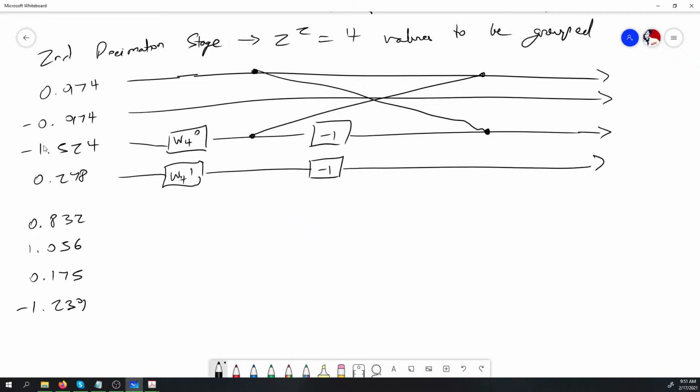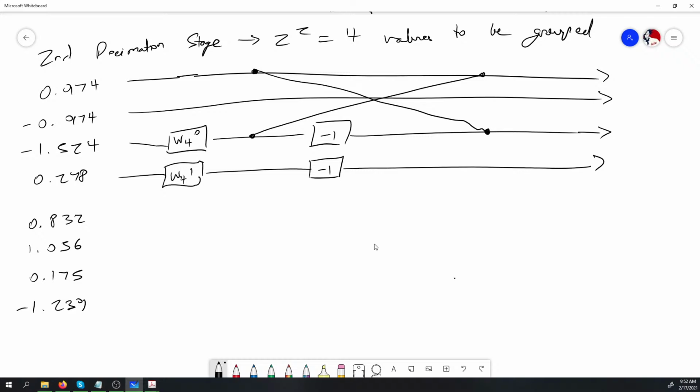Because it's W4 of naught, if you remember your twiddle factor equation, it's going to be Wn of k is equal to e to the minus j 2 pi k divided by n. If I remember the equation correctly, we can backtrack to the lectures to confirm it. You use this equation to calculate each one of the twiddle factors associated, and you do the calculations as required.